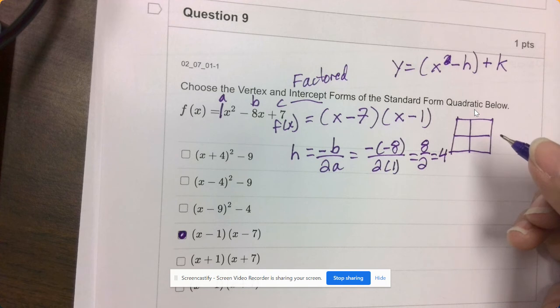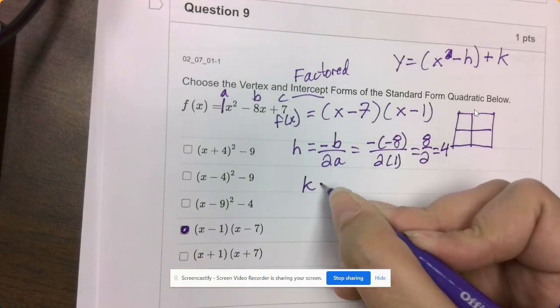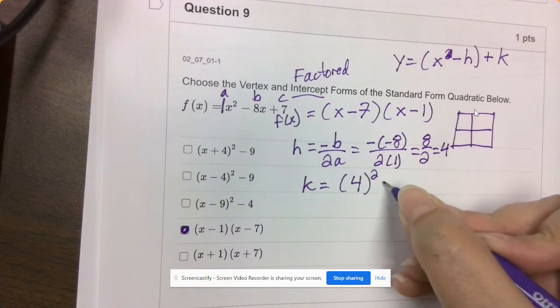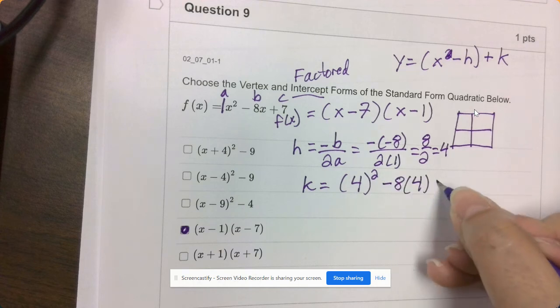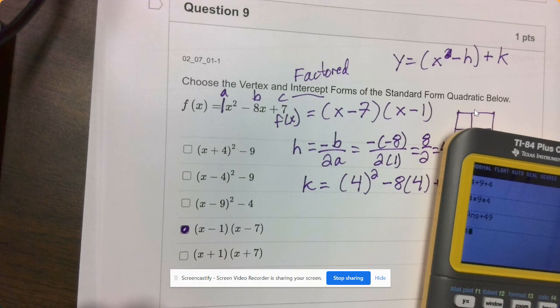And then to find k, we substitute it back in. So x back in, or h back in. So we go x squared, 4 squared minus 8 times 4 plus 7. So put it in, everybody. So 4 squared minus 8 times 4 plus 7.